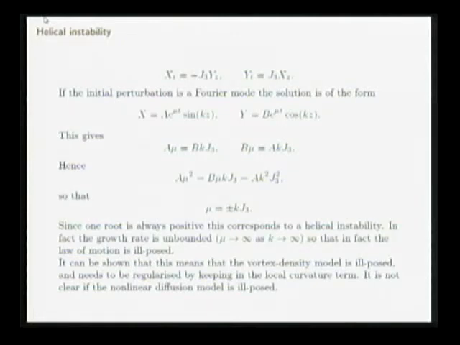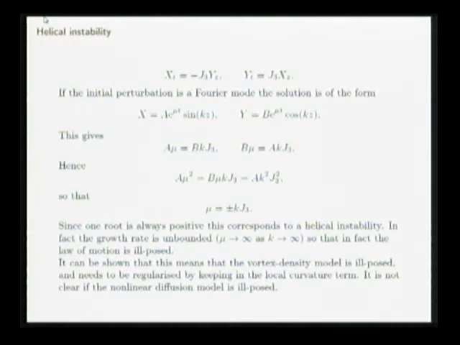If it's going to be stable, I want the real part of mu to be negative. If I find the real part of mu is positive, it's unstable. When you work it out, the solution gives you mu equal to plus or minus k times J3. So once I've got plus or minus, it doesn't matter whether J3 is positive or negative, or k is positive or negative. I'm always going to have one stable mode and one unstable mode.